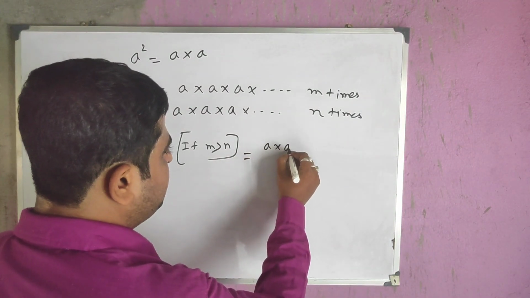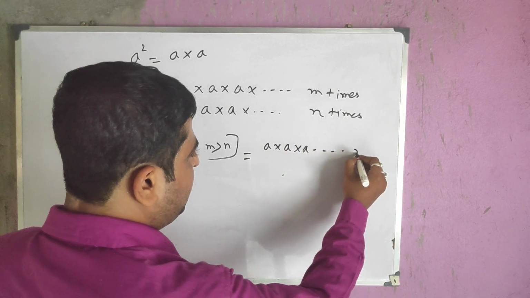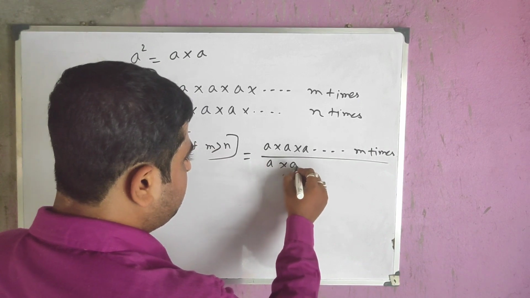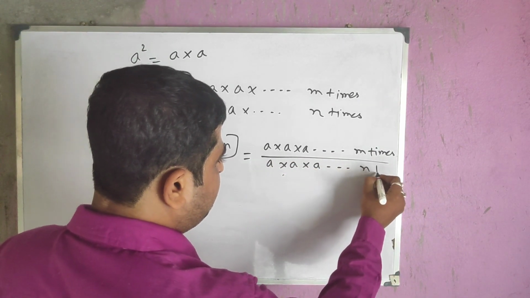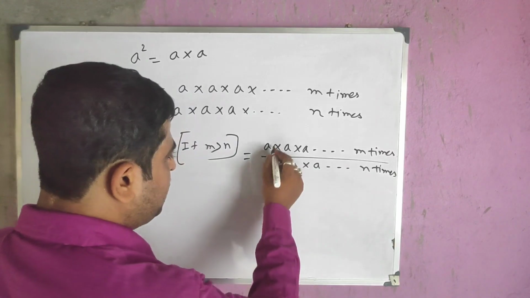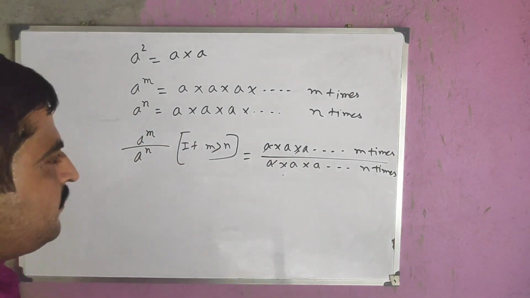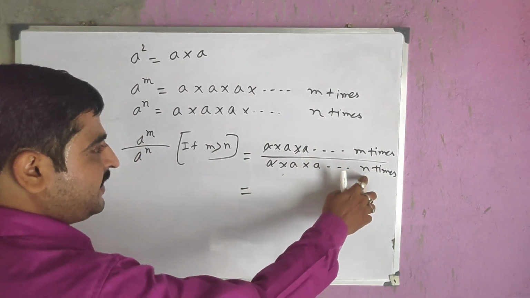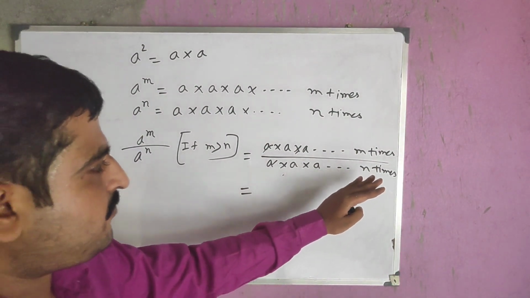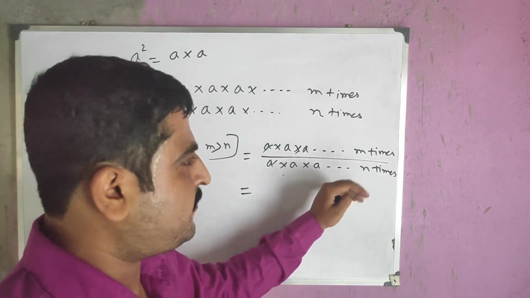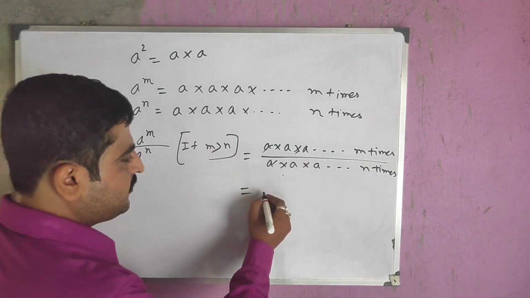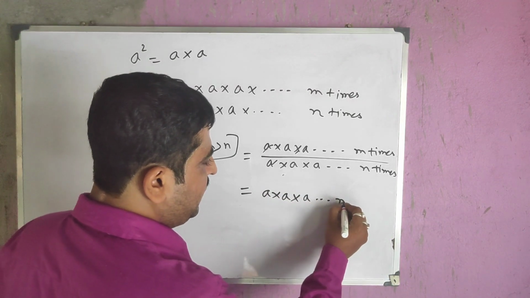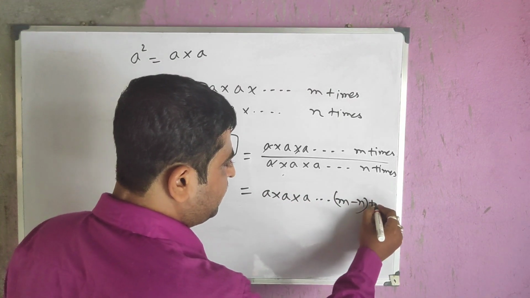So a to the power m means a into a into a, m times, and here a into a into a, n times. You know a will cancel. So how many a will remain? As here is m times a and here is n times a, n times a will be subtracted from m times a. So we can say in the numerator m minus n times a will remain.